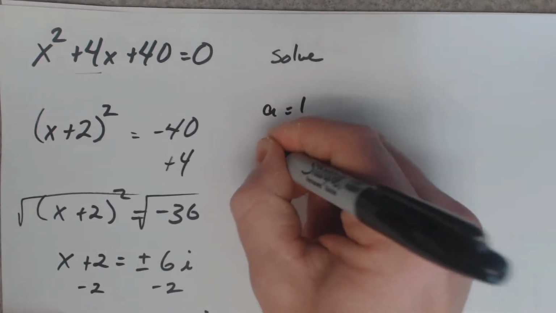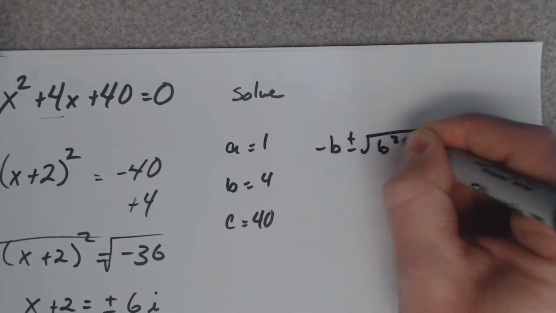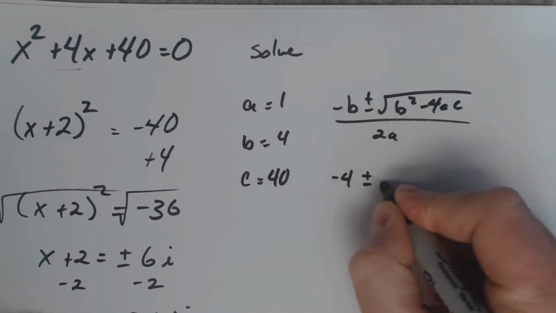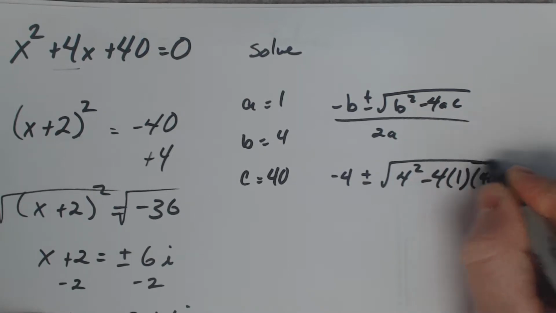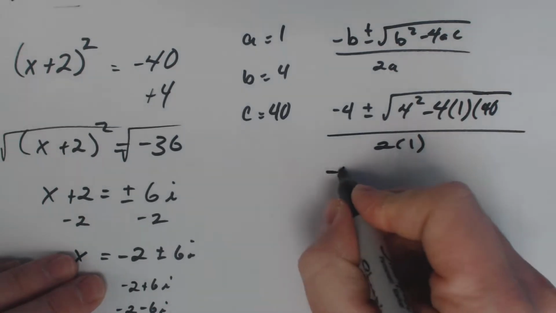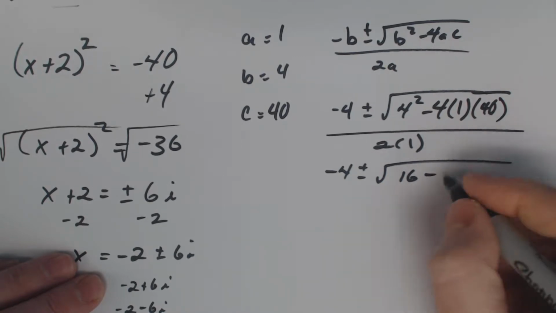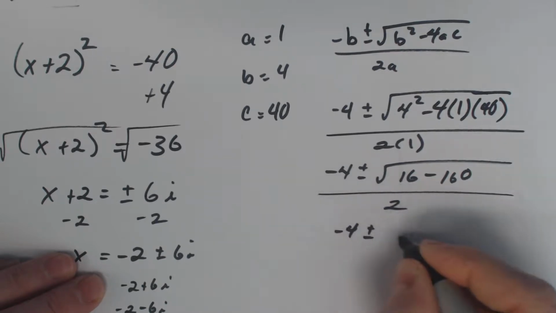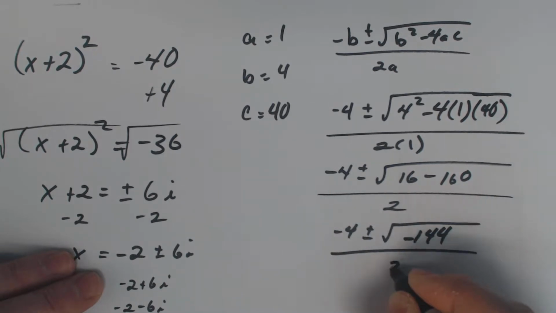Now, if I did that with the quadratic formula, I should get the same answers. So the a was 1, the b was 4, the c was 40. I'll plug my values in here. Okay, clean this up a bit. Negative 144 over 2.